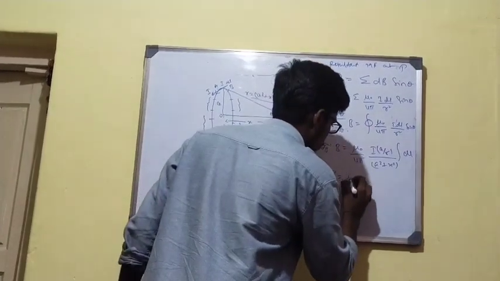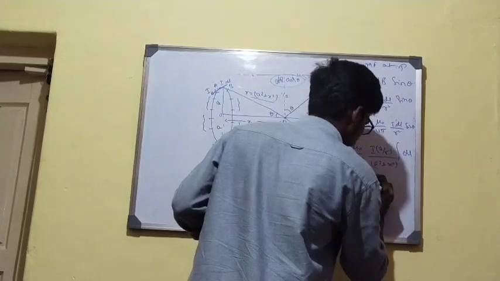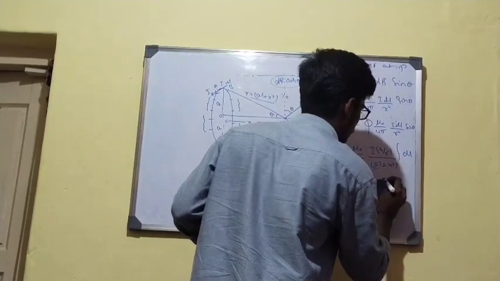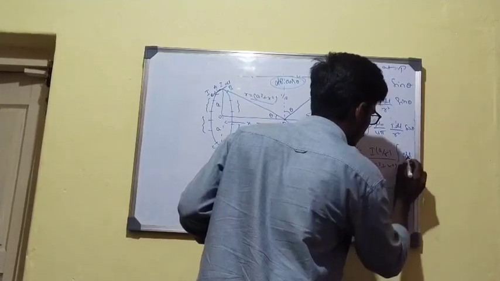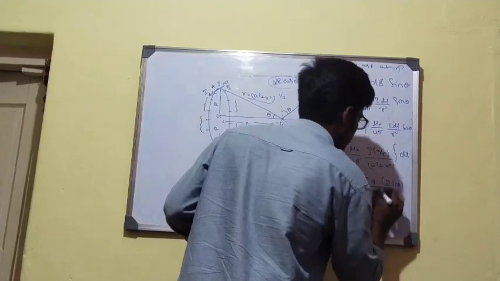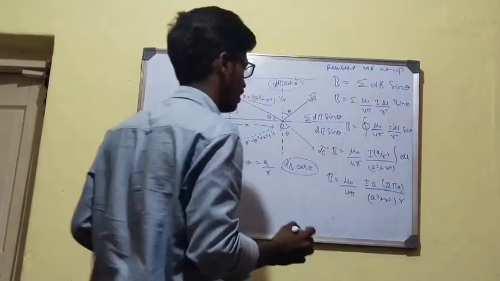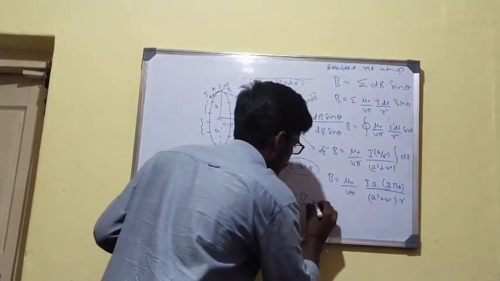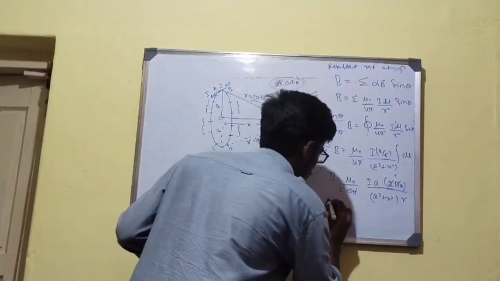Therefore, B is equal to mu naught divided by 4 pi, I a divided by a square plus x square into r, where the value of the integration of dl is 2 pi a. Now the pi gets cancelled, 2 ones are 2, 2 twos are.